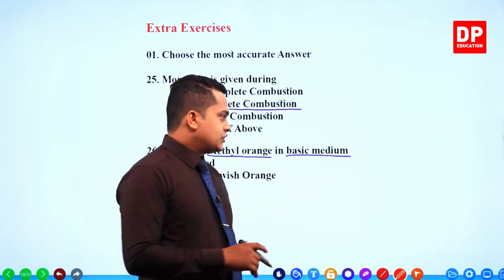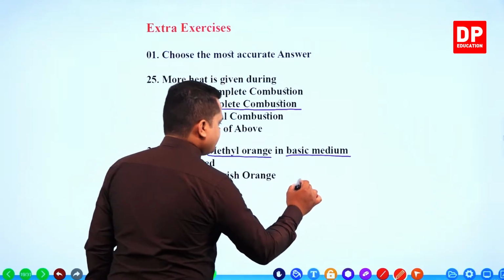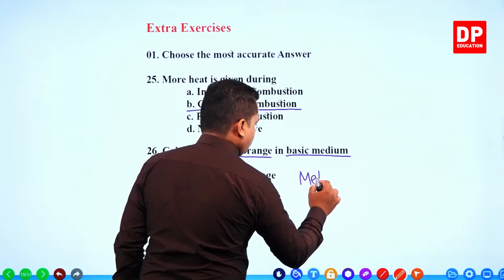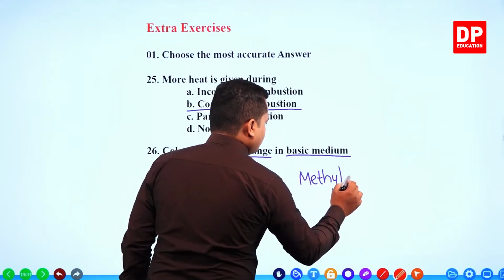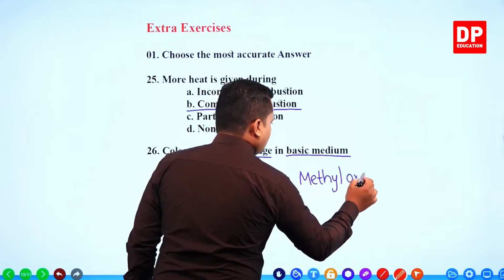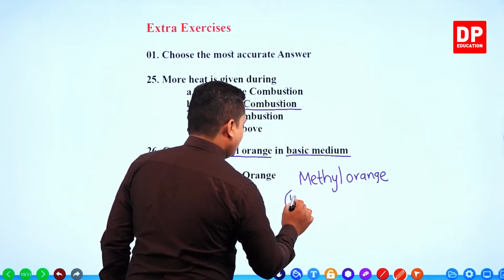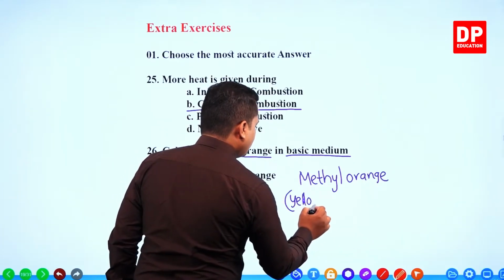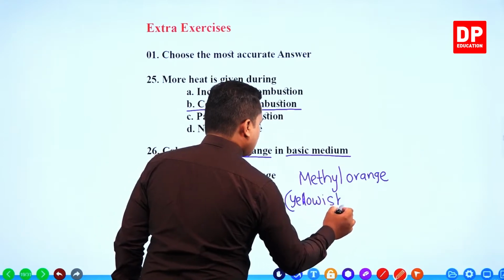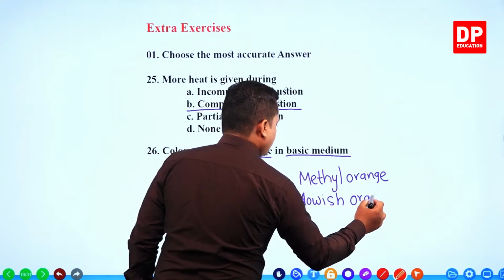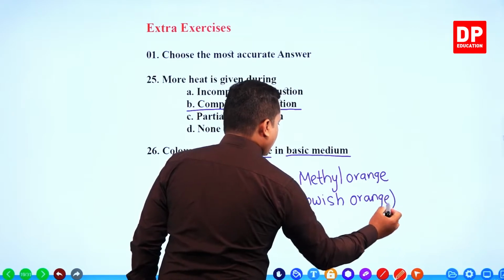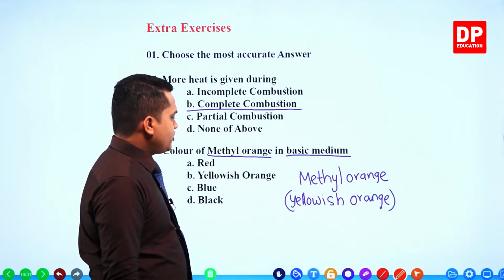Remember, methyl orange is usually a yellowish orange color. It has a yellowish orange color.